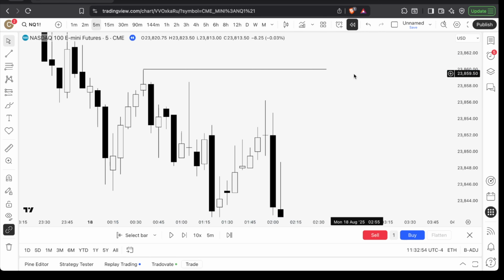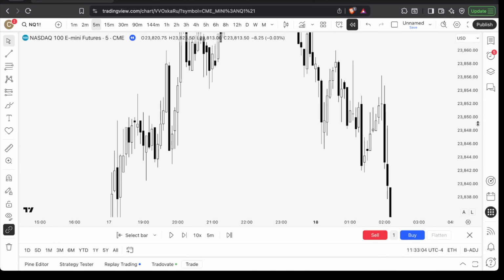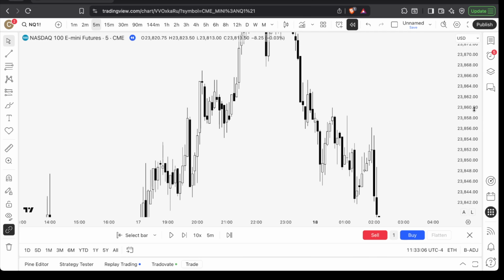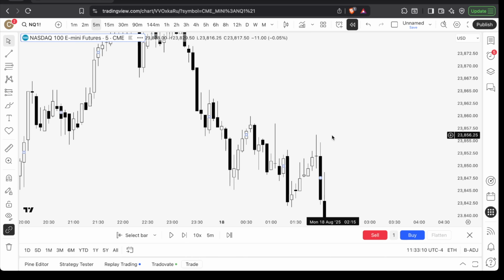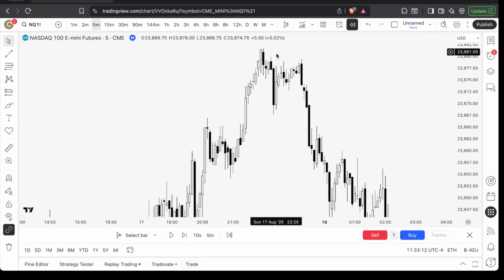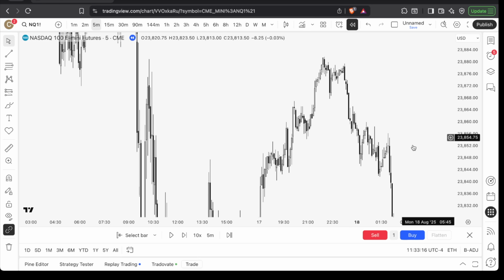Let's take this liquidity and this liquidity. But looking at the higher time frame, you can see that we are in a bearish market. You can see we were in a bullish one. Then what happened? We turned into a bearish one.